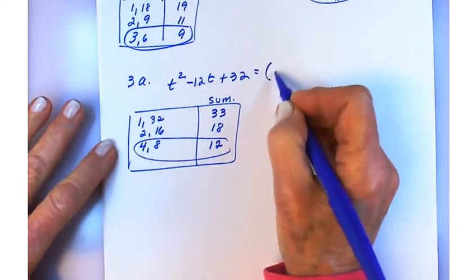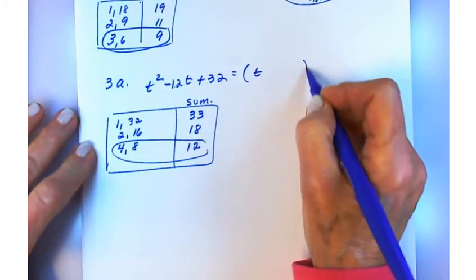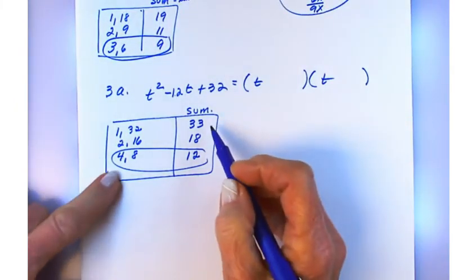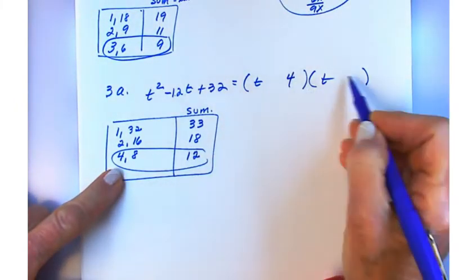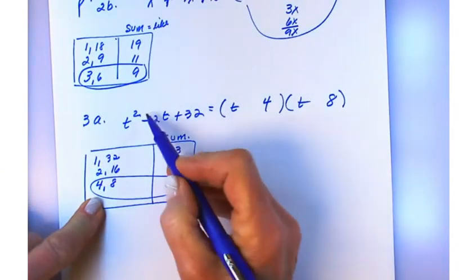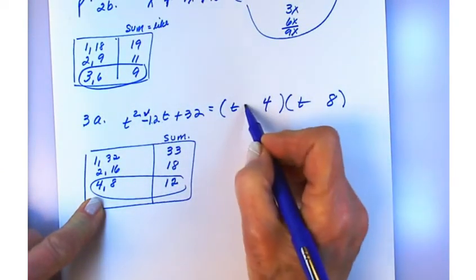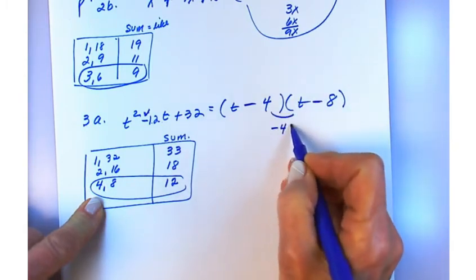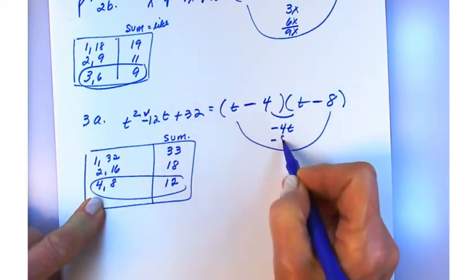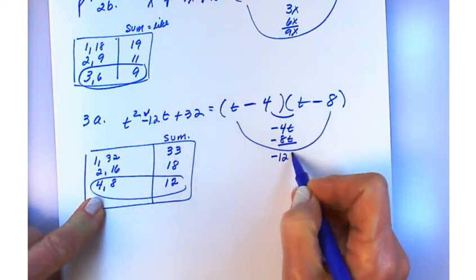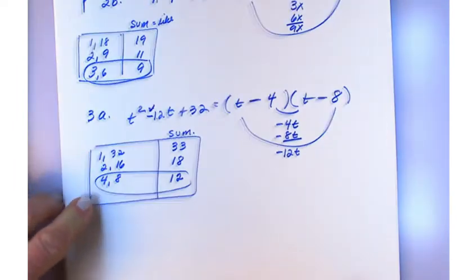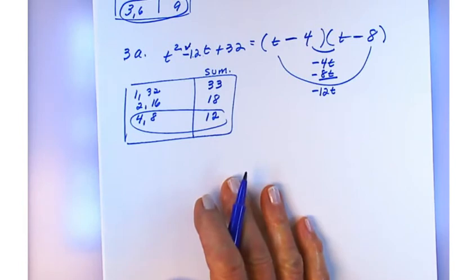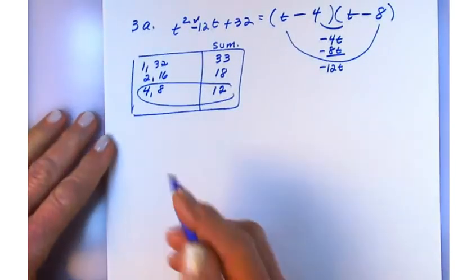So 2 scoops. And we're going to go with 4 and 8. I look at the sign. The sign says they both have to be negative. Minus 4t minus 8t is negative 12t. Okay? So actually the box, I see a very positive thing going with that.